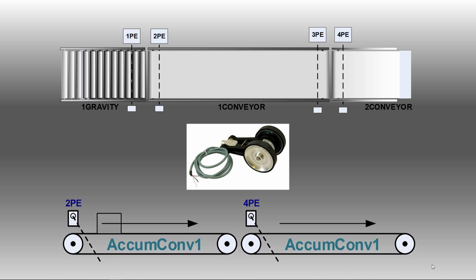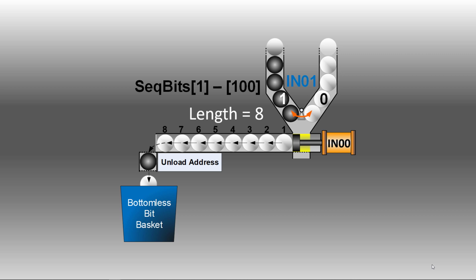So if we consider these two conveyors, we can basically accumulate cartons on here, and using a shift register, we could determine where the cartons are on the conveyor based on the bit pattern. So if I go back to my register here, and I've only got 8 bits shown, and if that pulse generator puts out 100 pulses per 12 inches, and the conveyor is 8 foot long, that's 96 inches for that conveyor.